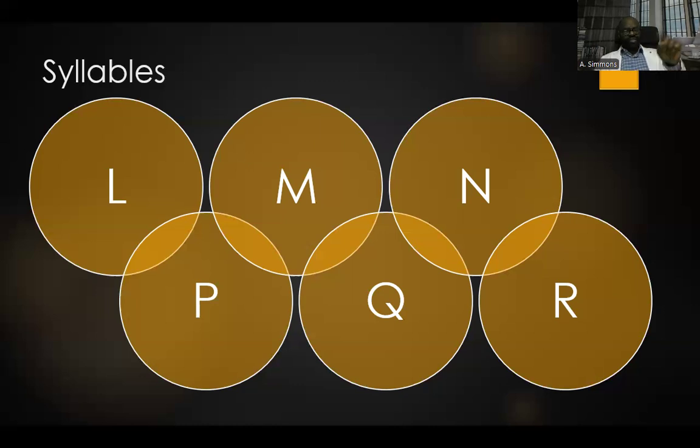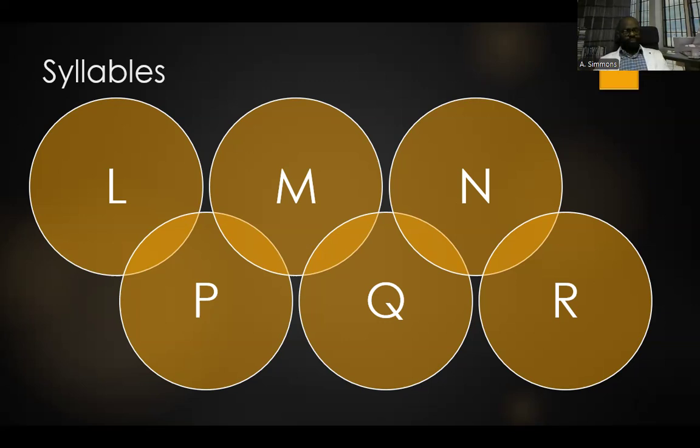Now, when you have the diaeresis, those two dots over the U, it becomes gui, it becomes güe, it becomes güi. So I'll talk a little bit about that in another session. I don't want to get you twisted up into that right now.